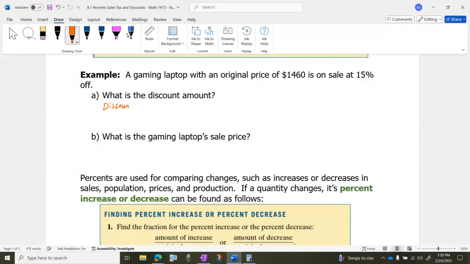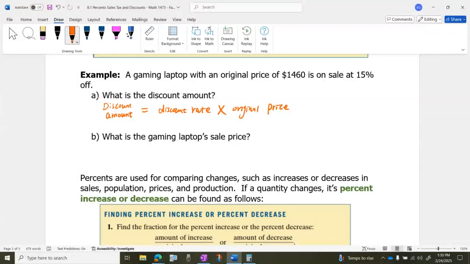Discount amount. Again, we are learning quantitative reasoning, so the important thing is to make sense of the numbers, not just memorize a certain problem. Focus on understanding. Discount amount is equal to discount rate times original price.